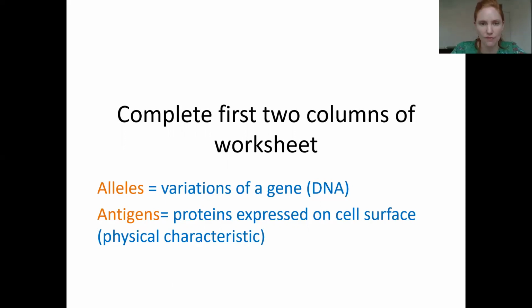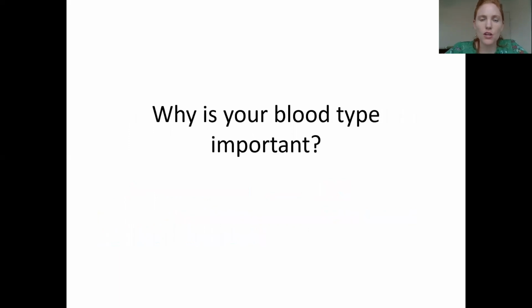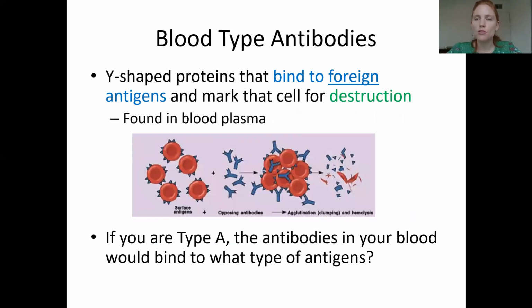It's also on Canvas. Okay, so now let's talk about why blood type is so important. Let's think about that for a second. It has to do with your immune system. The function of your immune system is to attack anything that is foreign. Notice I did not say anything that is bad. I said anything that is foreign.